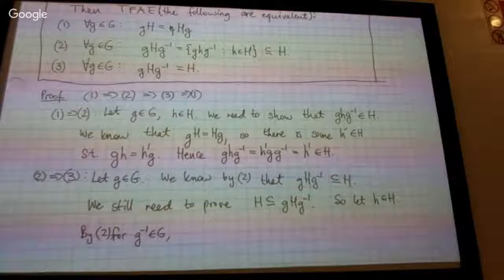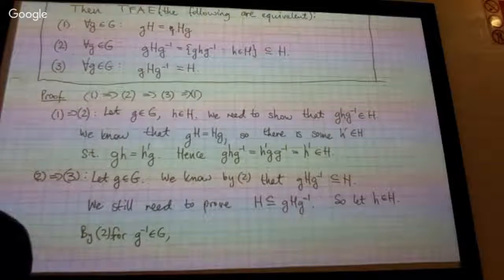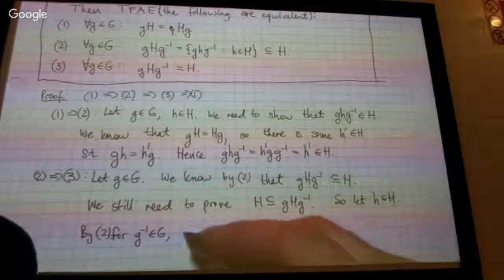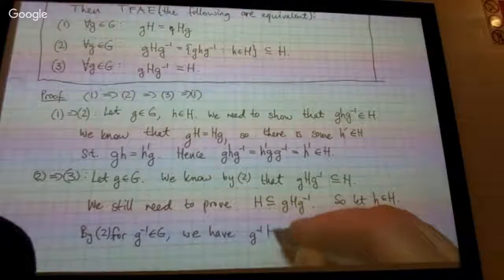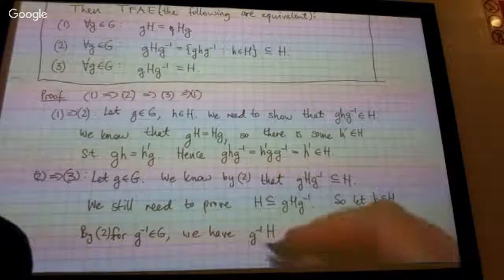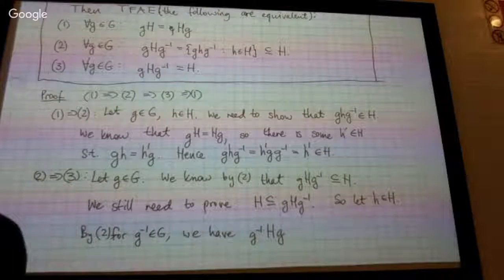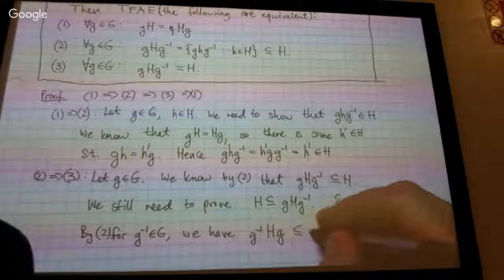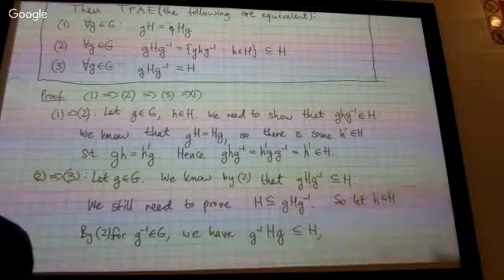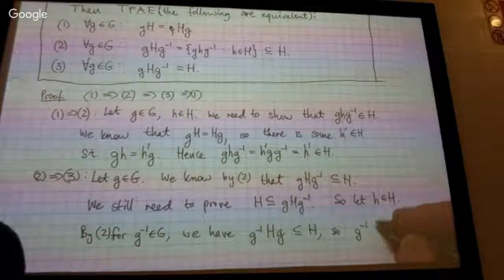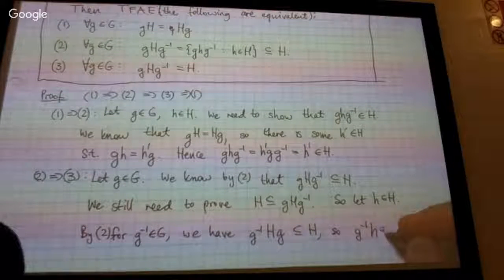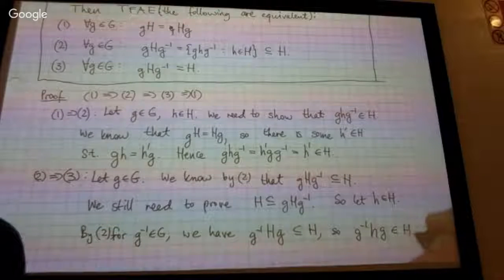So what we know is that G inverse HG is a subset of H. So in particular, with this H, this has to be an element of the subgroup H.